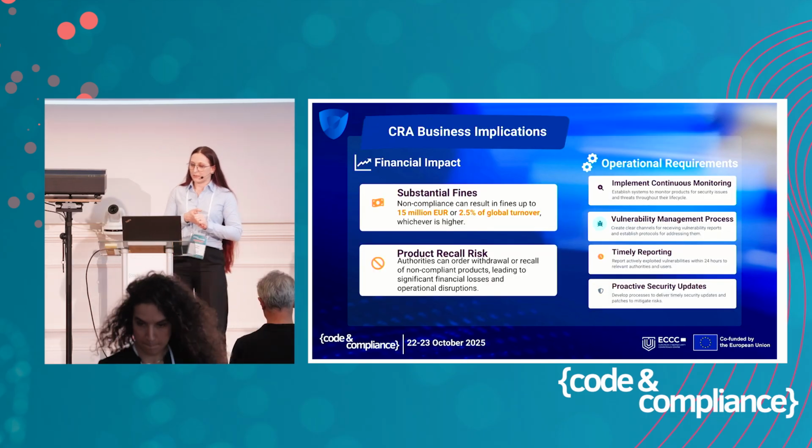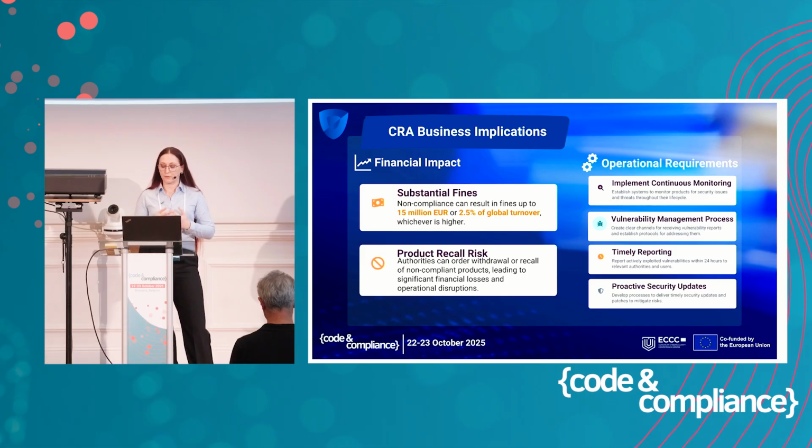We also know that based on the CRA, there are a few areas that a lot of people will have to look into, especially making sure that they implement continuous monitoring, so tracking threats and vulnerabilities throughout the product lifecycle, and establish a vulnerability management process with clear channels to receive and address all the reports.